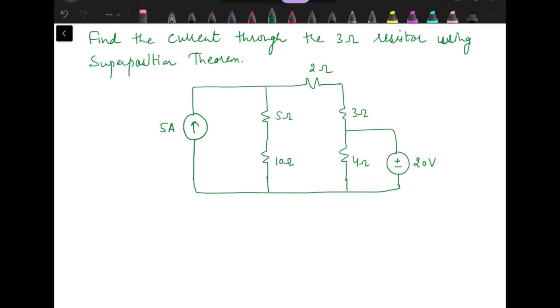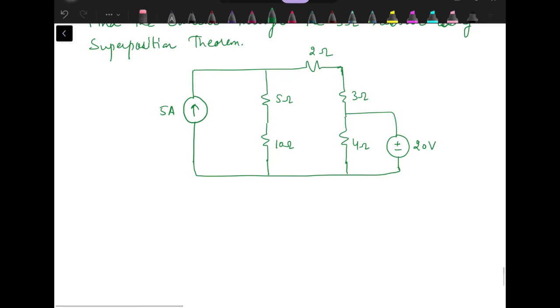We need to find out the current through this 3 ohm resistance. Again we have only two independent sources, so we have two different cases.